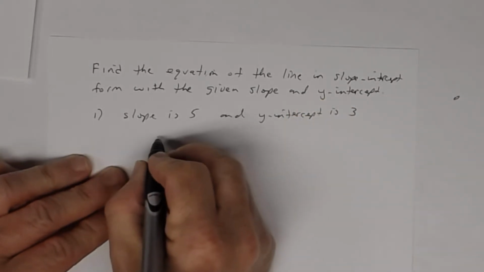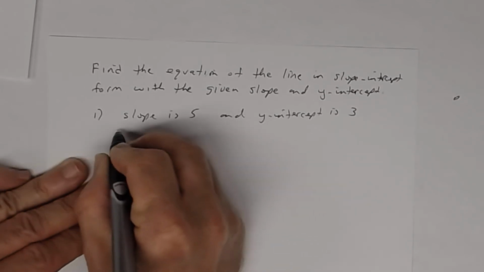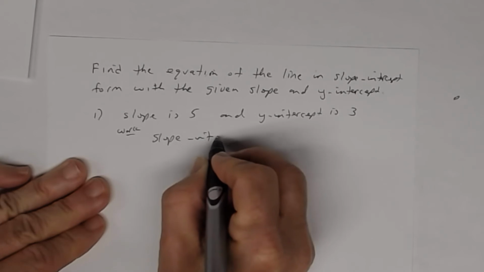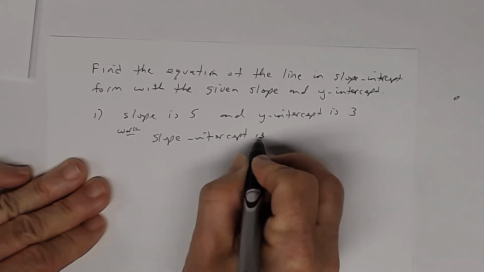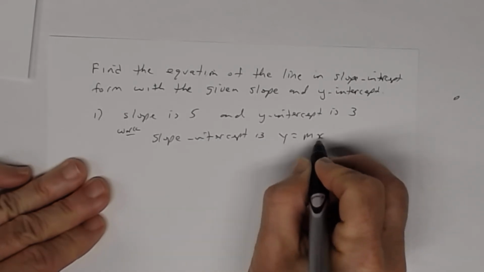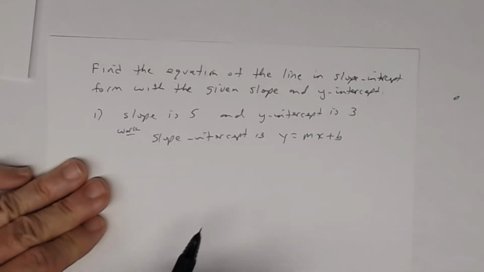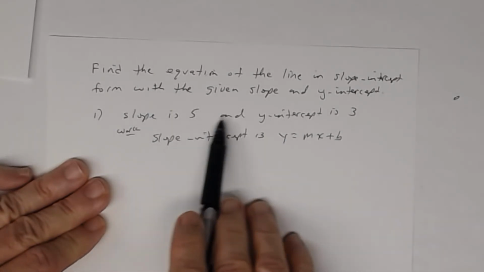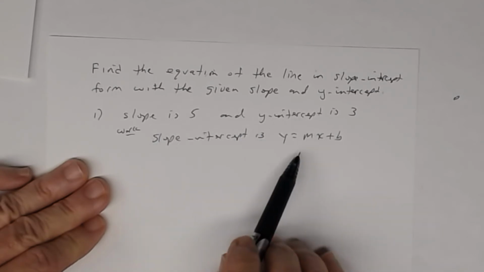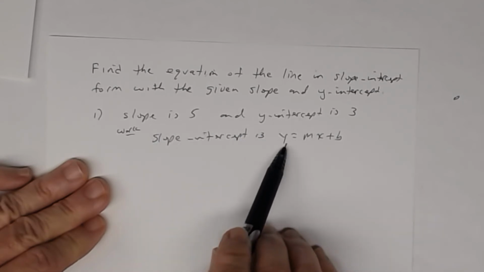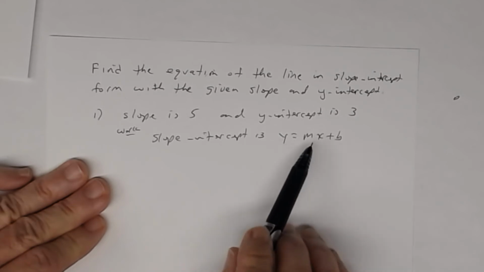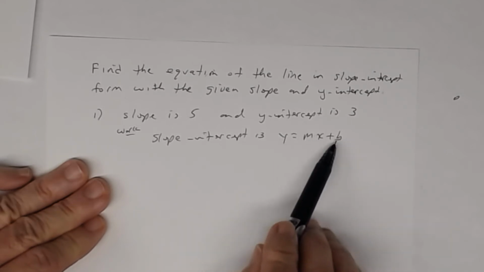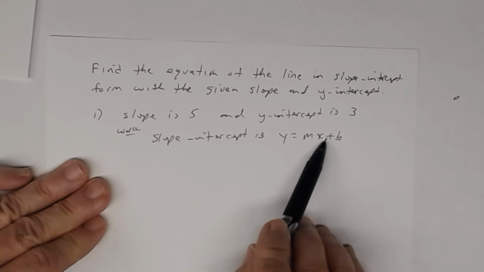So slope-intercept form is y equals mx plus b, right? If you're going to write the equation of this line with these conditions, here's what you want it to look like. Remember, the coefficient of x is your slope, and the constant is your y-intercept.